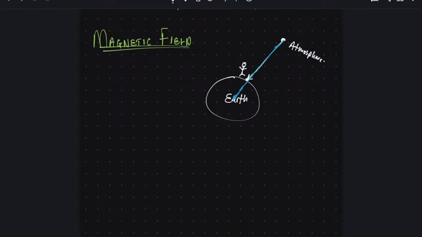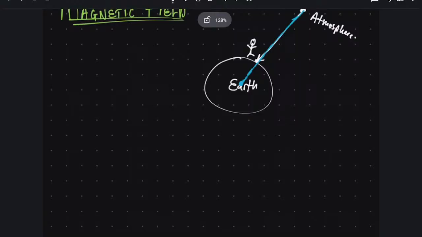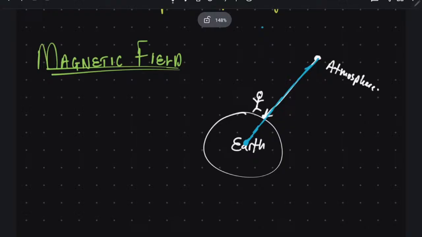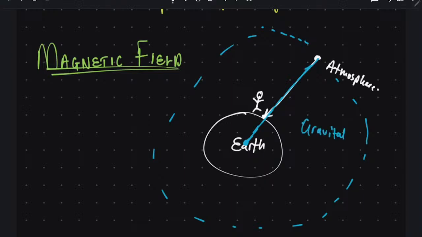So you hit onto the surface, and we call it a crash. So the reason why you were falling like this is you are in what we call the gravitational field of the earth.